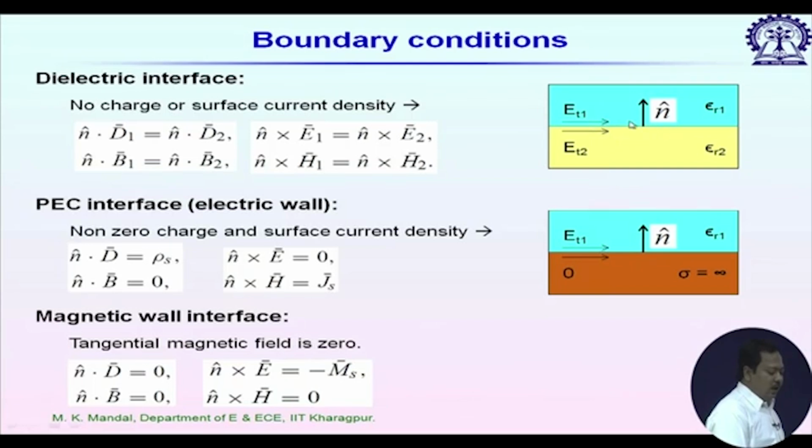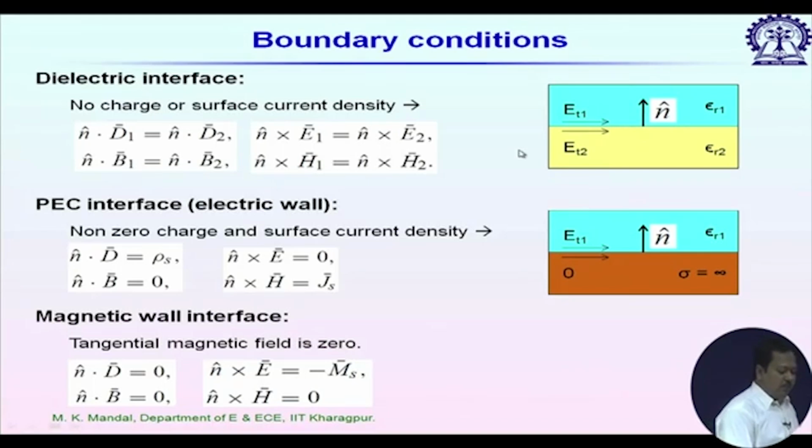That means whatever we have D1 in epsilon r1, if I take the perpendicular component, it is equal to D2 in epsilon r2, if I consider just the normal component.